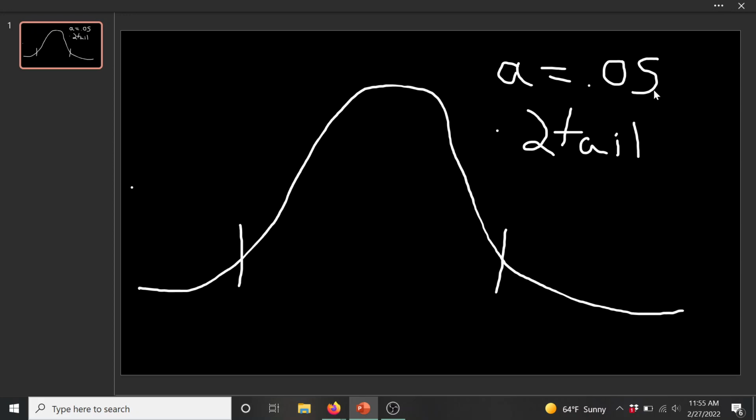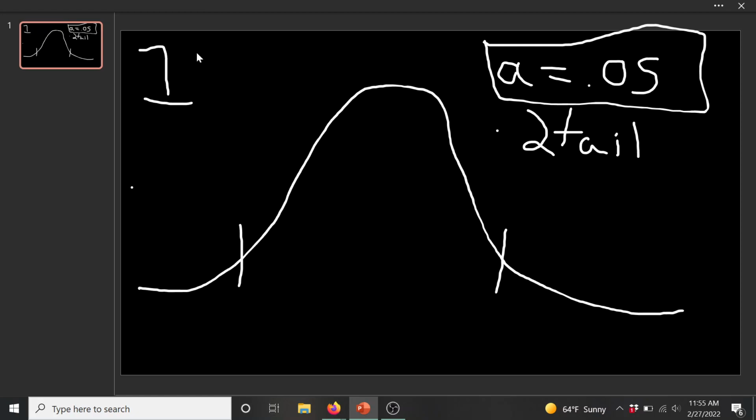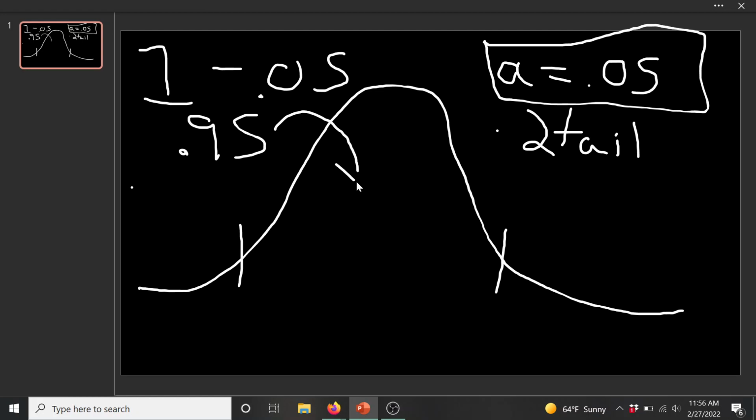Now the problem with this is our alpha is still 0.05, which means that that's from the whole probability, which would be 1. Probability of 1 is everything in the study. So we know that 1 minus our alpha, which is 1 minus 0.05, is everything not beyond the rejection region, right? So everything right here, this is 0.95.